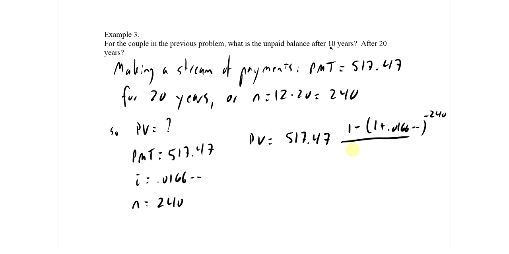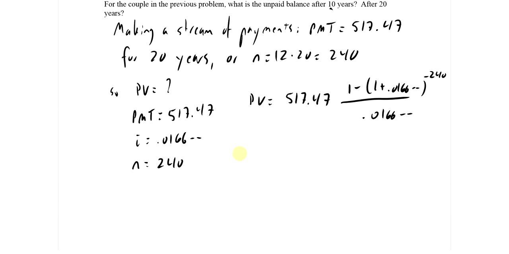Note that this number has changed, over 0.0166 dot dot dot. And if you calculate that, the present value is, if it's 240, the present value turns out to be $102,290.38. So after 10 years, they've paid off about $38,000.